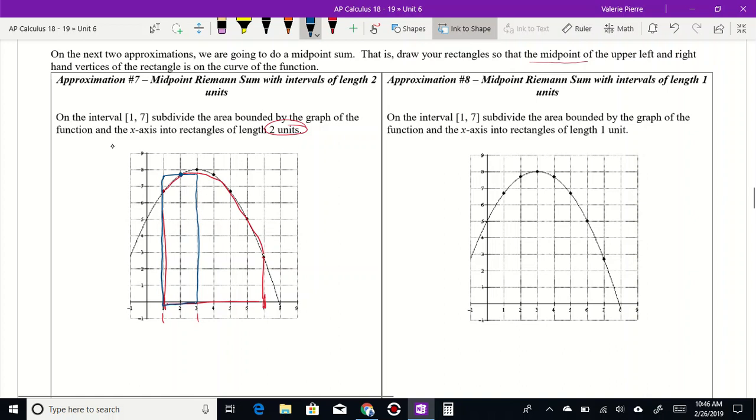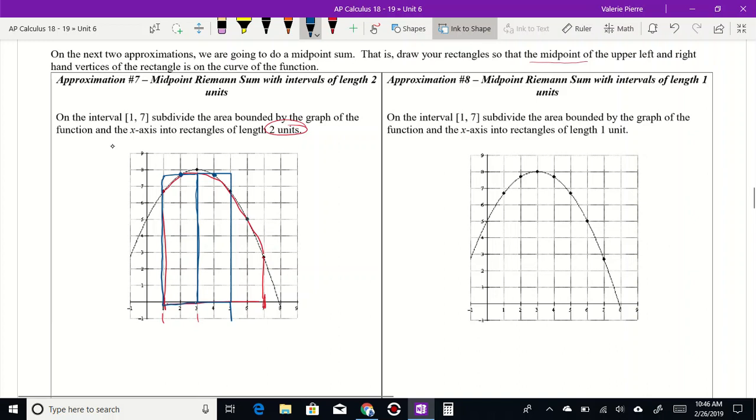Right? Another 2 units over, we have 3 and 5. The midpoint of 3 and 5 is 4. So 4 is the point that'll be on my graph. And between 5 and 7, the midpoint is 6.